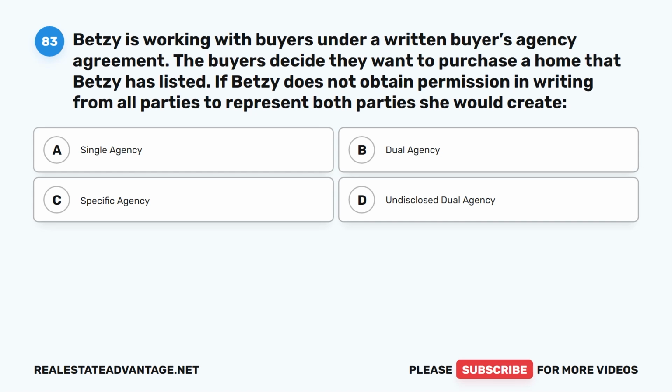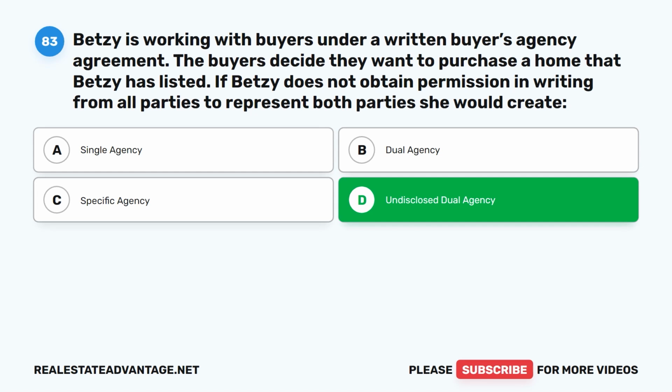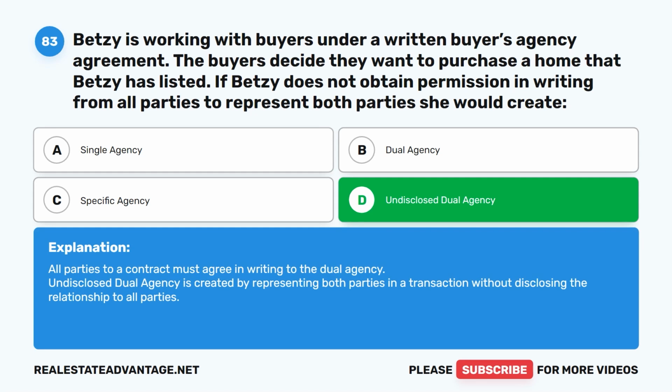C. Specific agency. D. Undisclosed dual agency. The correct answer is D. Undisclosed dual agency. All parties to a contract must agree in writing to the dual agency. Undisclosed dual agency is created by representing both parties in a transaction without disclosing the relationship to all parties.